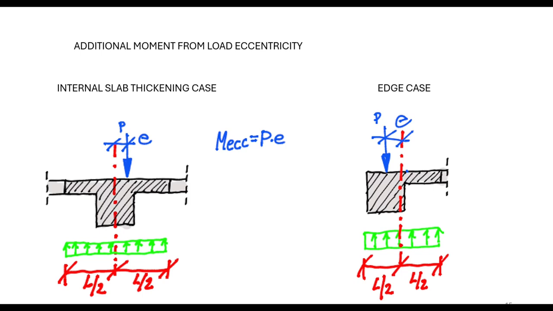One option is we could transfer this moment through our raft part to the soil, and this would cause non-uniformly distributed stresses. It would be sort of triangular stresses under the raft. And the second option is we could transfer this additional bending moment to adjacent raft parts.